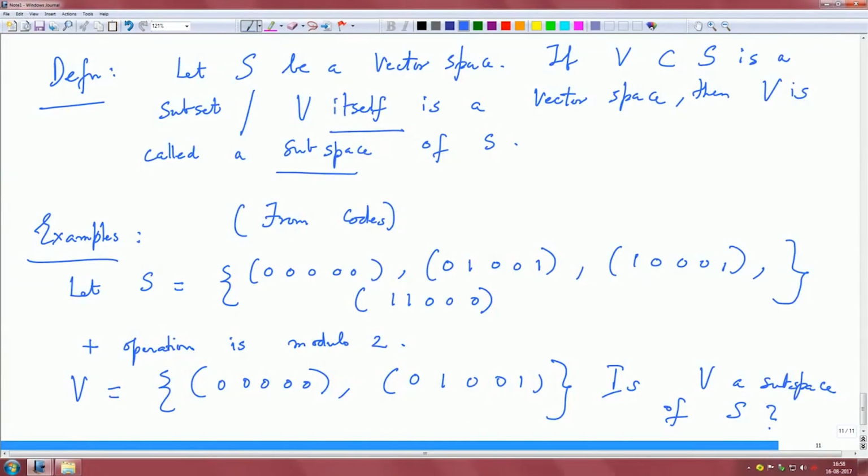So 1 times that vector, you get back the vector, 0 times the vector you have the 0 vector here, distributive property is carried out, and it is a group under addition, right. So this is trivially verified. So it is indeed a subspace of S.